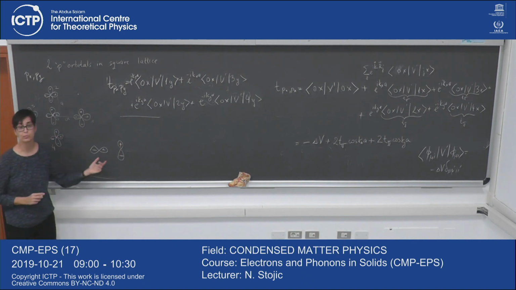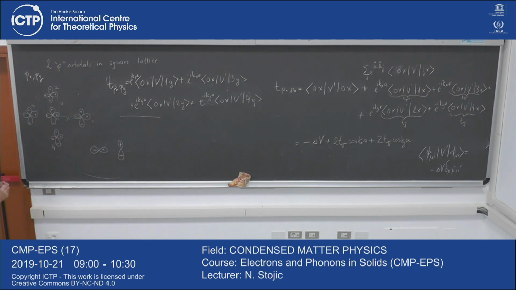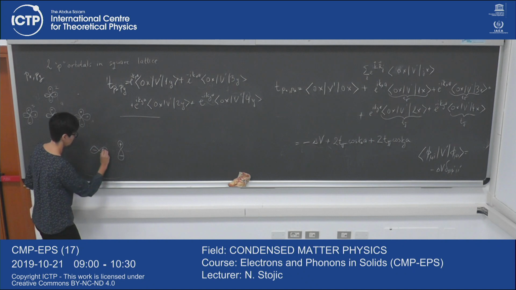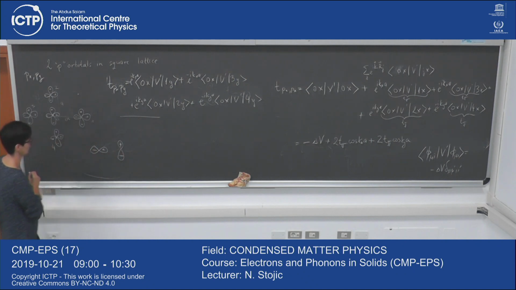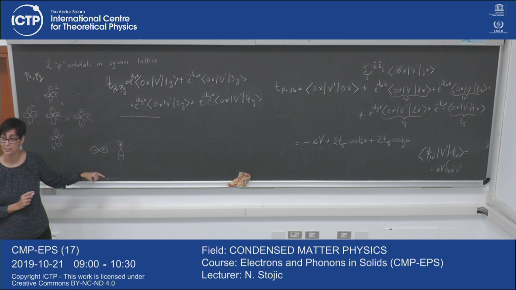In principle, they could form a bond here, something along this direction. But then, what happens in this case? You create a bond here. And this essentially is not conserving the symmetry.